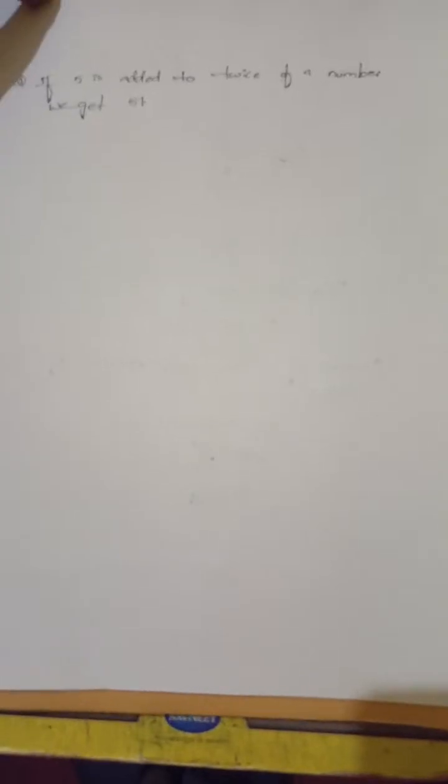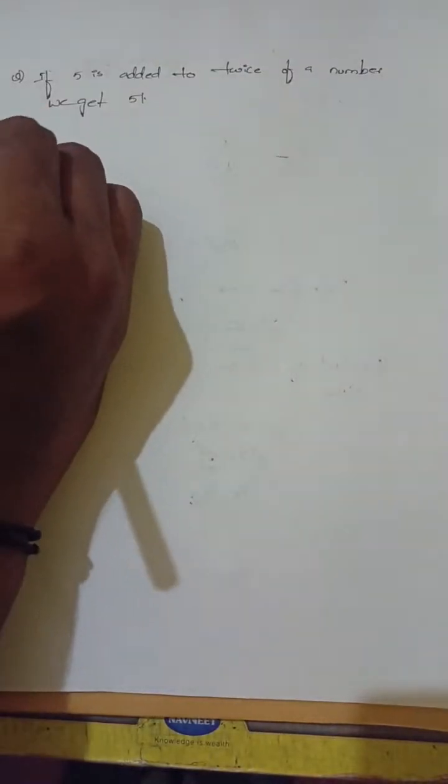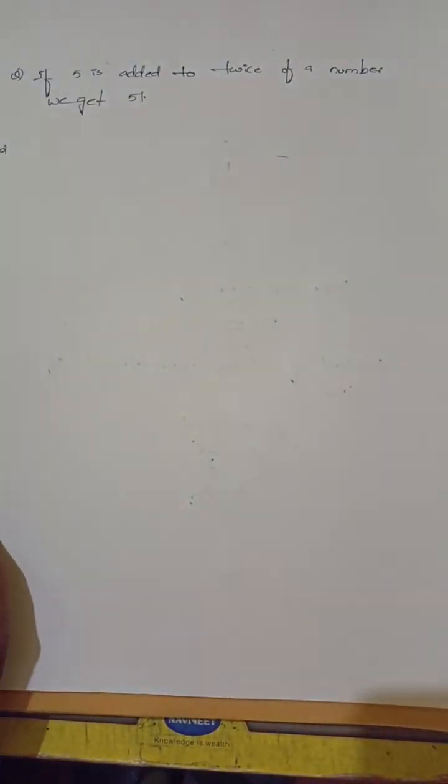So if 5 is added to twice a number, we get the answer 51. So how are we going to get the answer? Now we are going to solve this problem.